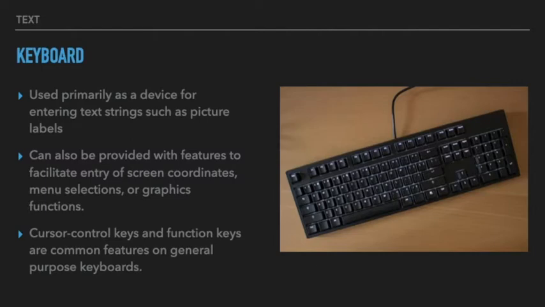There are other types of cursor positioning devices like trackball or joysticks, which may sometimes be included on the keyboard itself. So that's the keyboard. Basically, a keyboard can be used as a graphic input device also.